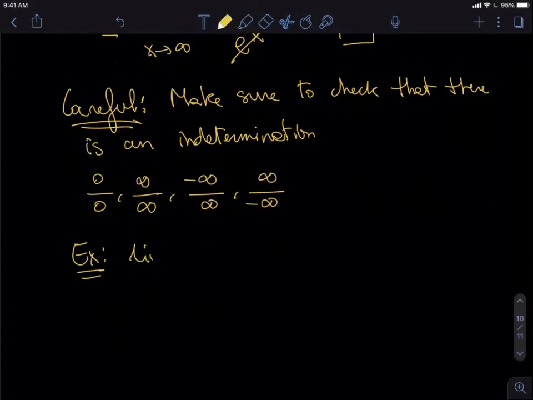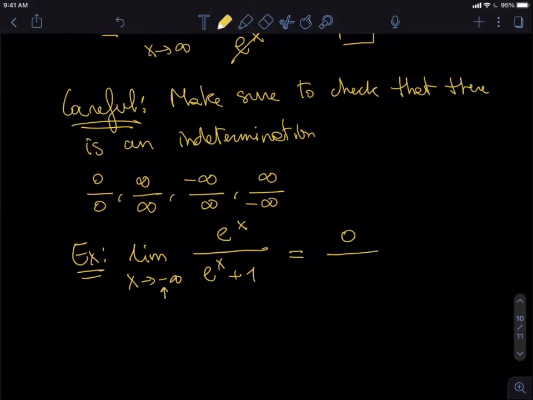So for example, this I see every year: limit of x to negative infinity, the exponential of x divided by exponential of x plus 1, and people go ahead and apply L'Hopital here. And you can't apply it here because there is no indetermination. Because if you notice, the limit goes to negative infinity. So the exponential, as x goes to negative infinity, the limit is 0.